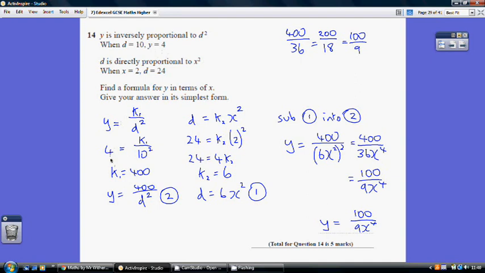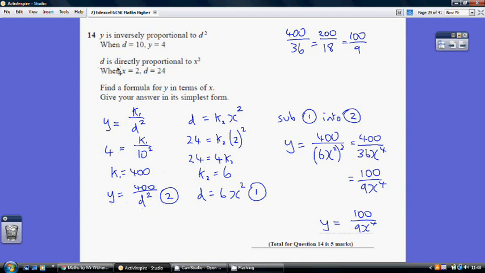So substituting this in, we can say 4 equals our unknown constant over 10 squared. So 10 squared is 100, multiplying both sides by 100, we can see that k must be 400. So our revised formula, now that we know the constant is 400, is y equals 400 over d squared. So let's just park that for now.